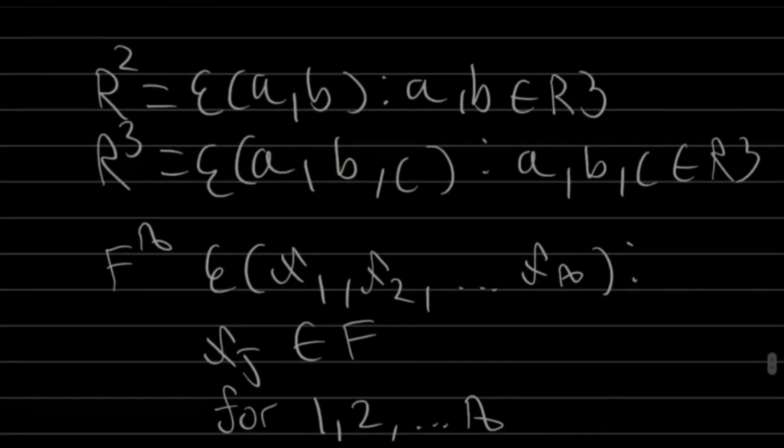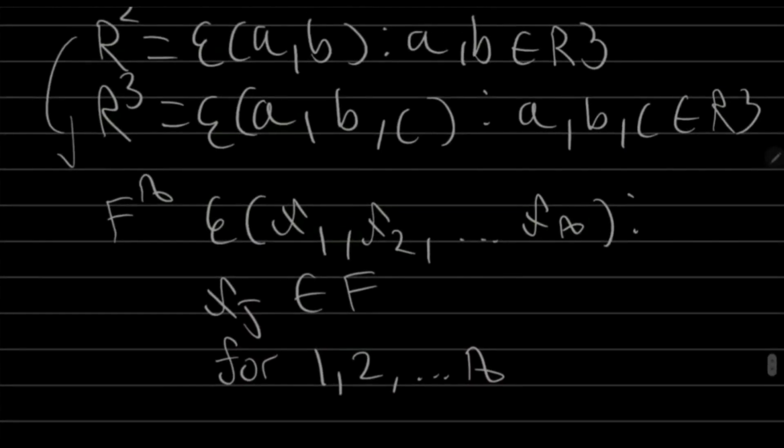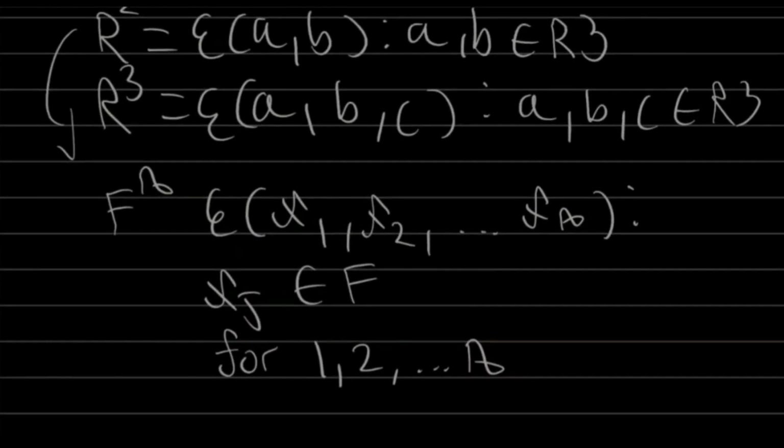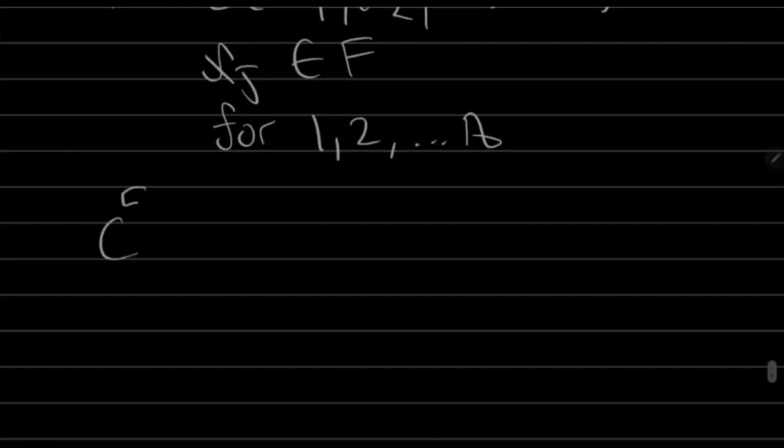So, for example, R2 would be F2 for real numbers, and R3 would be F3 for real numbers. And if we had C5, that would be the set of lists where every element is complex and the lists have a length of 5.